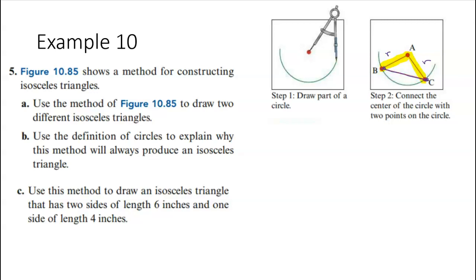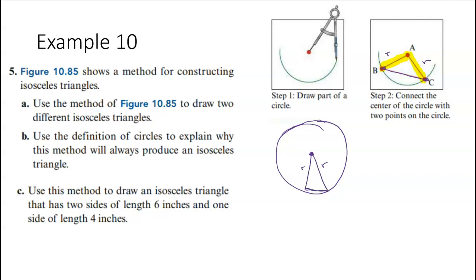So if I was to draw a circle here, let's say I drew a circle, and this is going to be bad because I don't have my compass, right? And they want 2 different isosceles triangles. So I know that if I go like this, those are going to be isosceles. But that is going to be different.